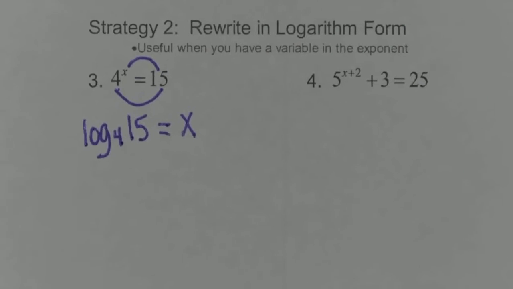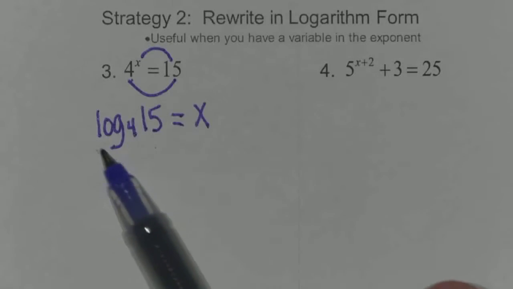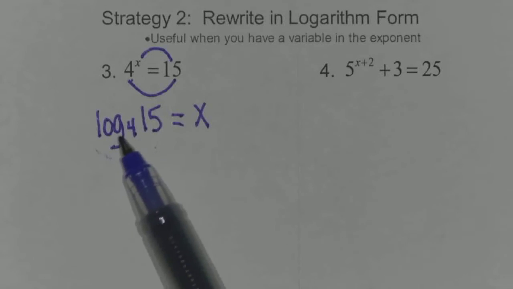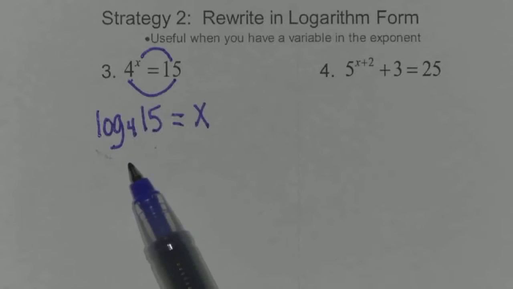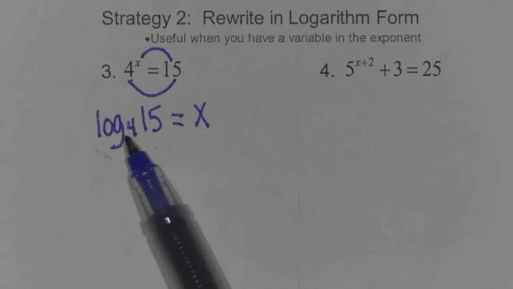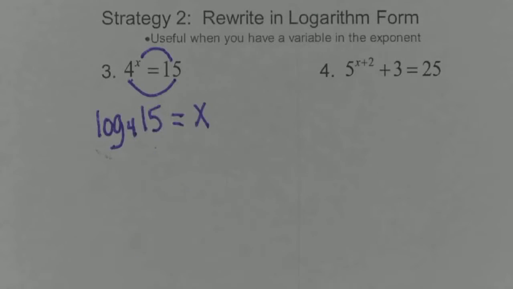All right, does anybody remember a rule from yesterday that would make this a calculator problem for me? It's called the change of base formula. It said if I had something that looked like this, I could take the log of the big number divided by the log of the little number, and it would be able to be done on my calculator.